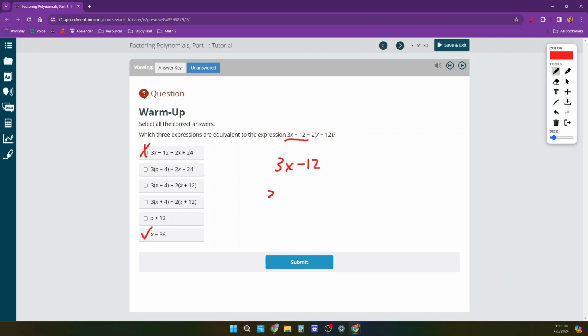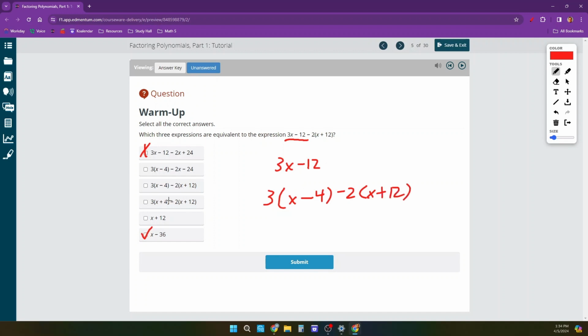So by factoring, I could take out a 3 from both. So that means I'm dividing out a 3 and putting it on the outside. So I'm separating the 3 from these two terms. So 3x divided by 3 is going to be x. And negative 12 divided by 3 is going to be minus 4. And of course, we drop the rest of the expression, minus 2 times x plus 12.